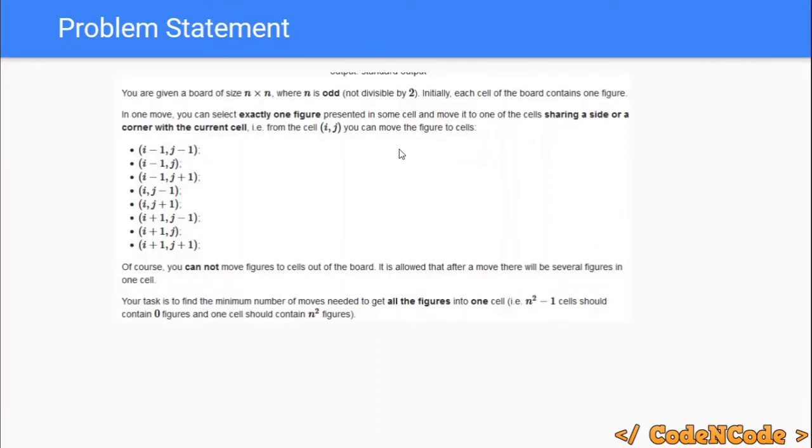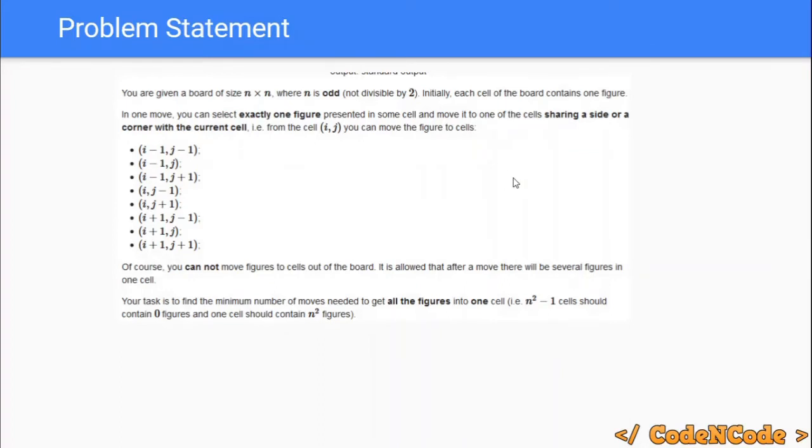From each cell you can make a move, and you can move that figure to one of the cells which share directly an edge or share a corner with the current cell. Basically from cell ij you can move the figure to any of these 8 cells.